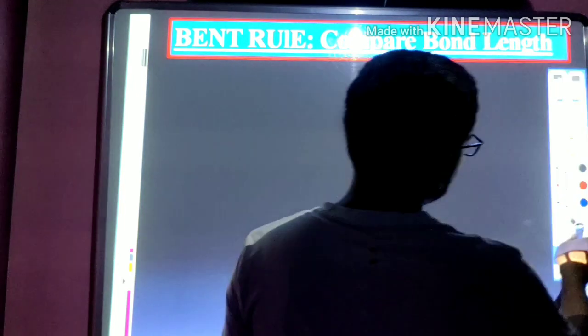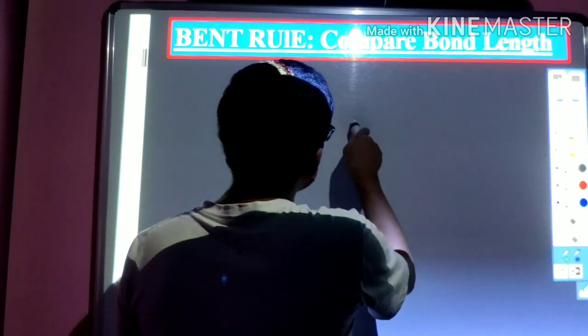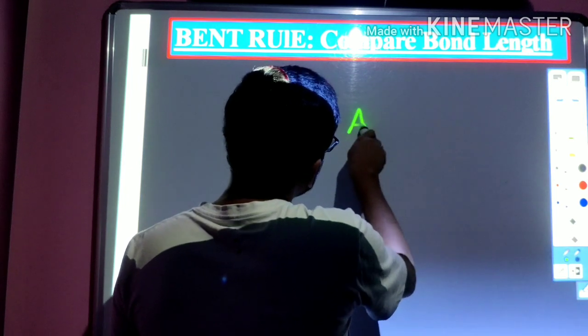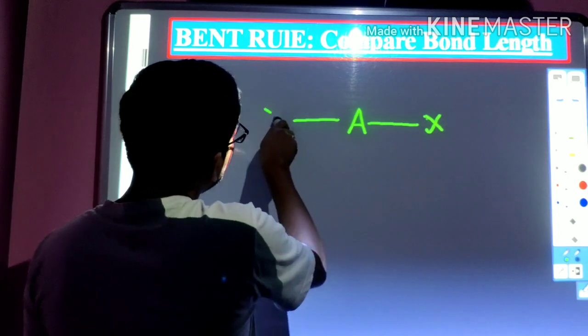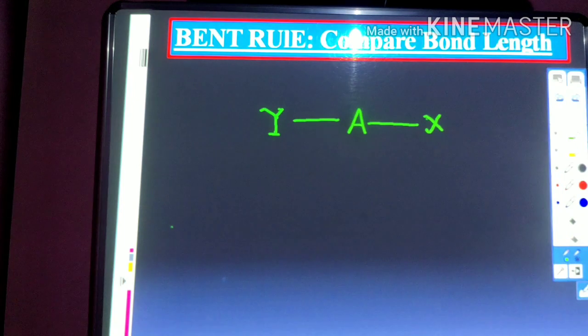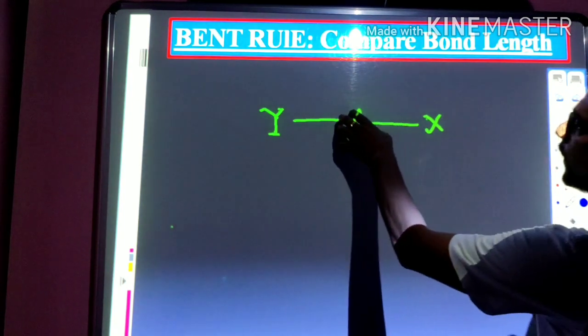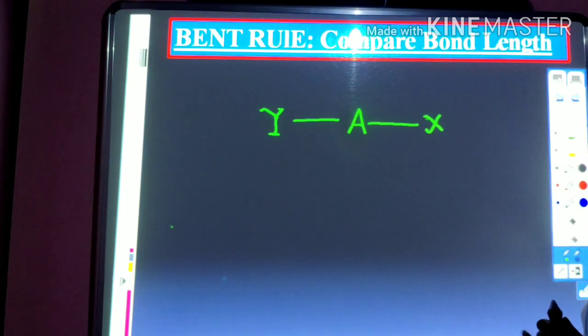Okay, let me show you one interesting thing. Say this is the central element A, this is bonded element X, and this is bonded element Y.